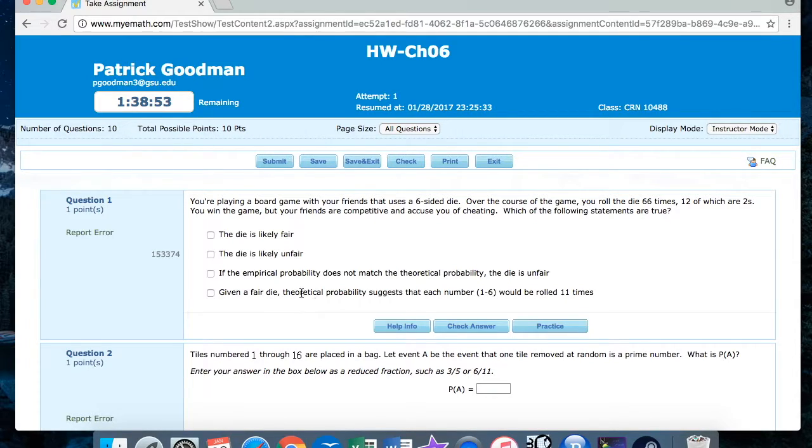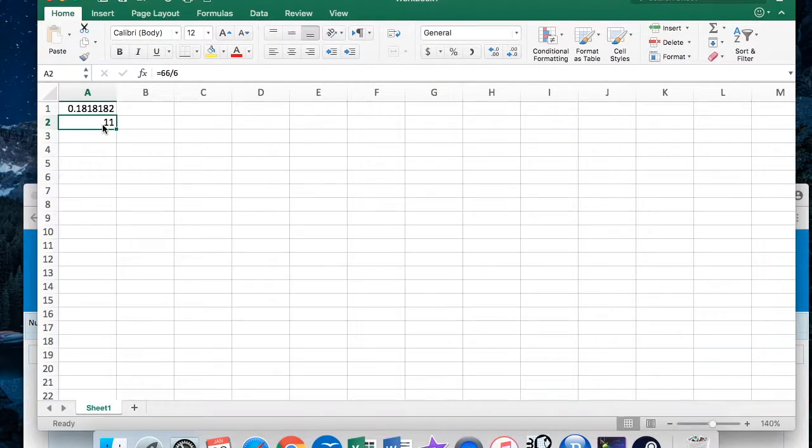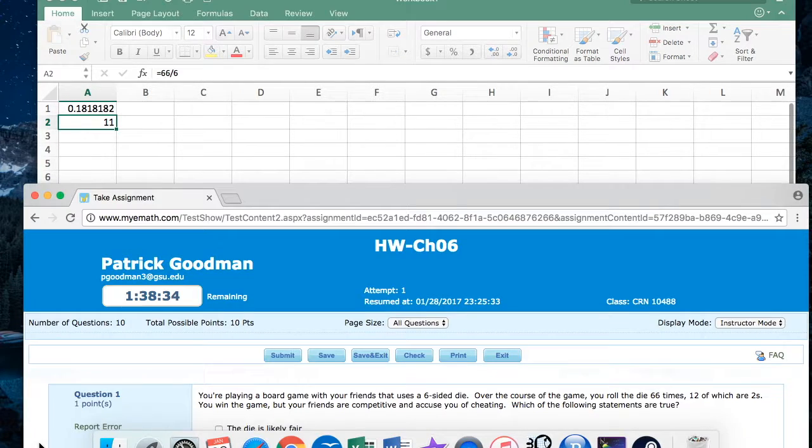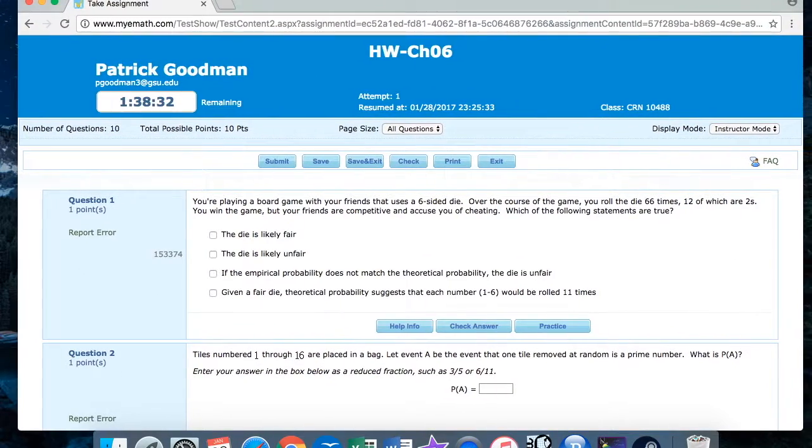Theoretical sounds exactly how it is, right? You do what we kind of did. When I divided the 66 total rolls by the 6 sides of a die, I got 11. So theoretically, each number should pop up 11 times. But we know empirically the number 2 occurred 12 times.